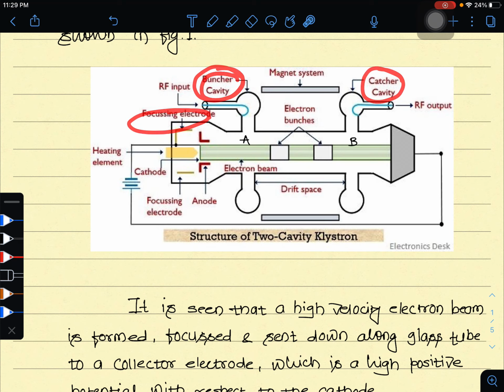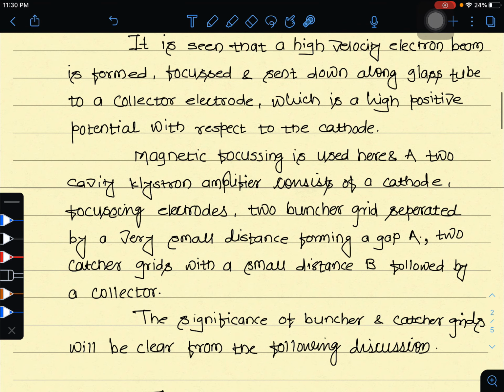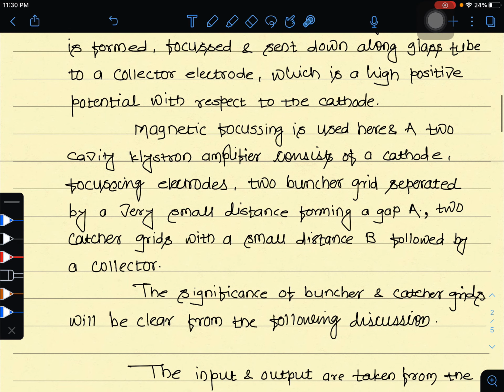The gap in the buncher cavity is very small, denoted by A, and the gap in the catcher cavity is also very small, denoted by V. The distance between these two gaps is called the drift space.